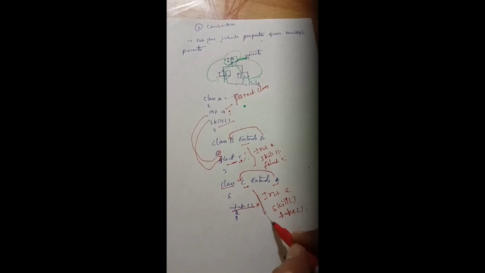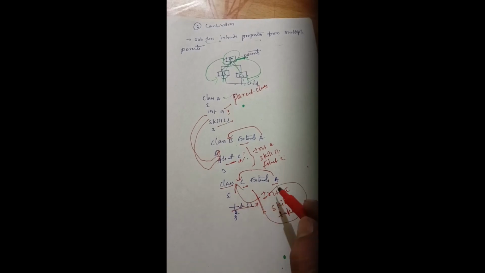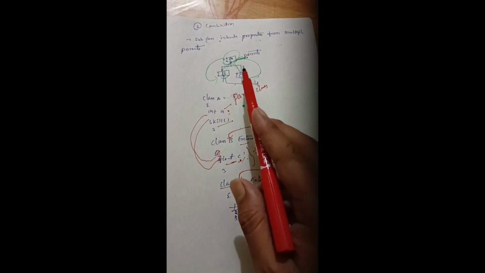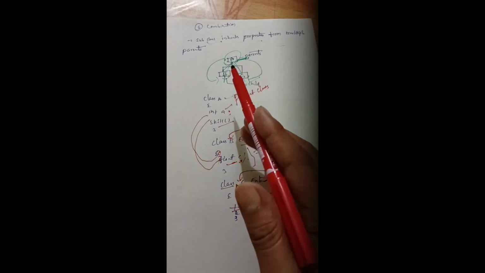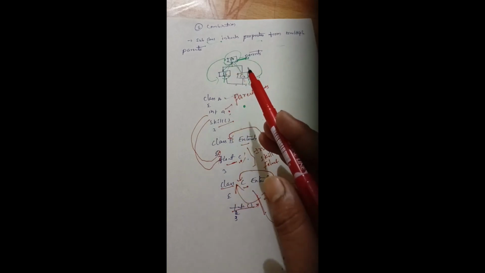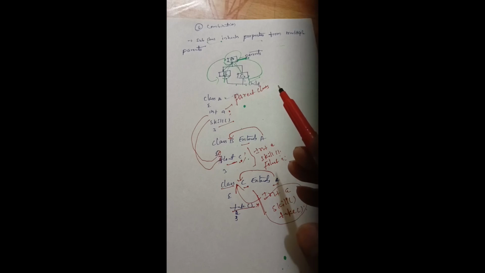Okay, these three things are available in class C, a subclass. Okay, only one parent and we inherit the properties into different children. This is called the combinations. Okay, this is the forms of inheritance. Six forms. Okay, thank you.